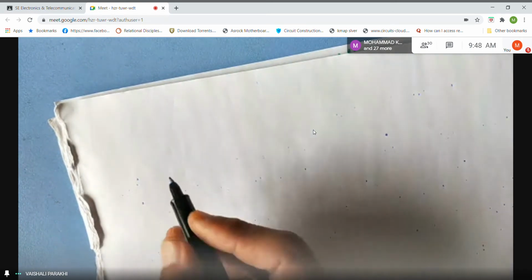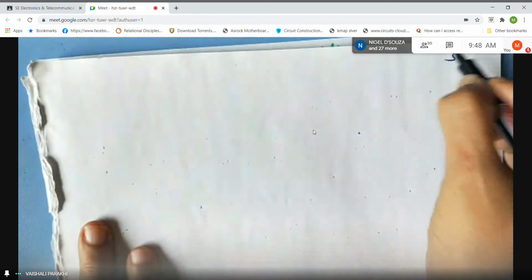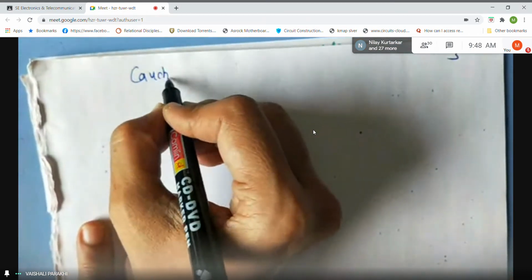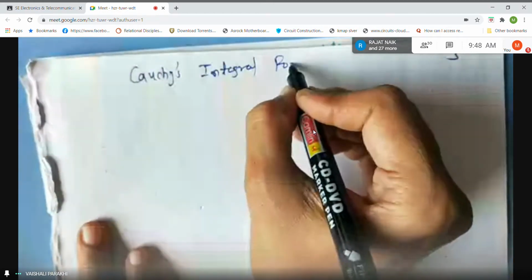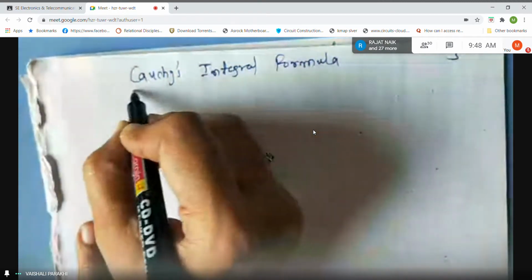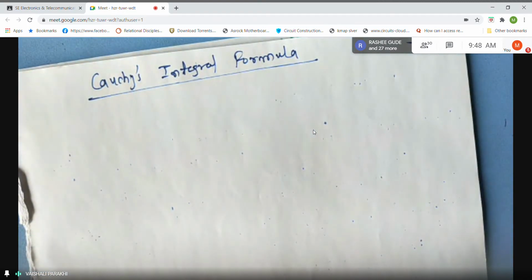Now the next one is called Cauchy's integral formula. Now see the names of these. The first one which we did is Cauchy's integral theorem.